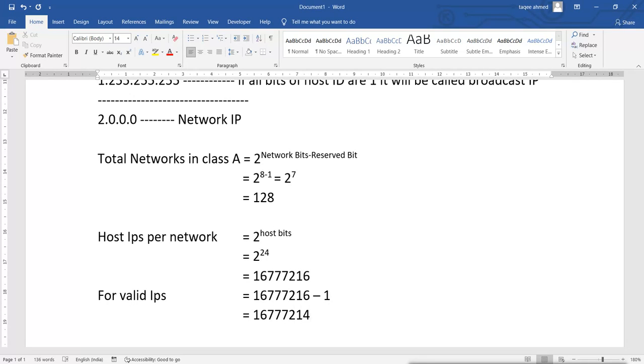So this is your valid IPs which you can use. The total is 16,777,216. But you have to deduct two IPs, one network and one broadcast. So this is the valid IPs for your network, and this is class A.